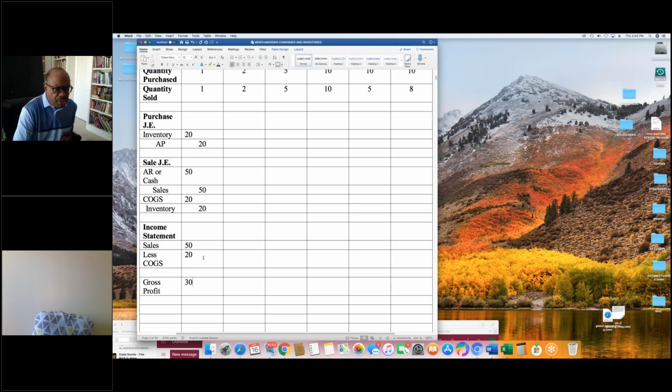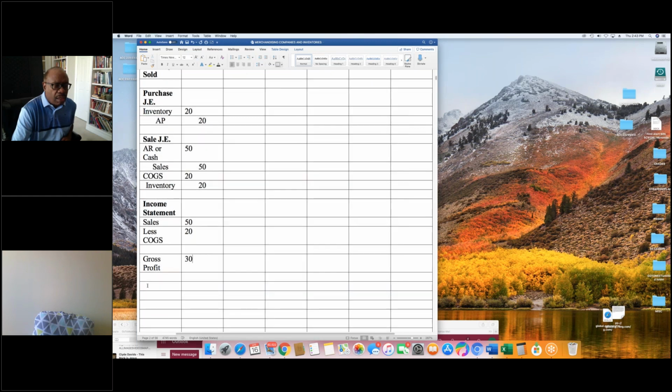So our income statement changes somewhat now because our operating expenses will come down here. But whenever we sell inventory, we need to know and separate out whether we made a profit or not. Then after we've determined the profit, we'd say, less expenses.